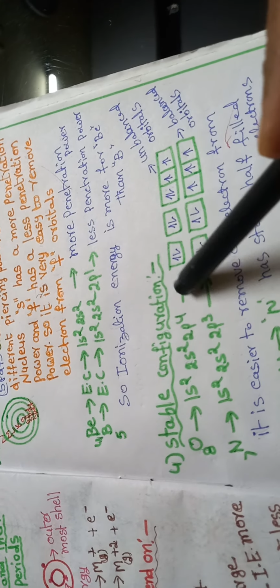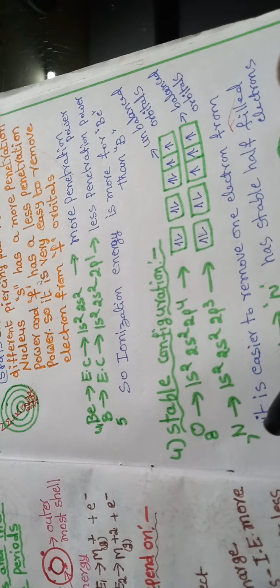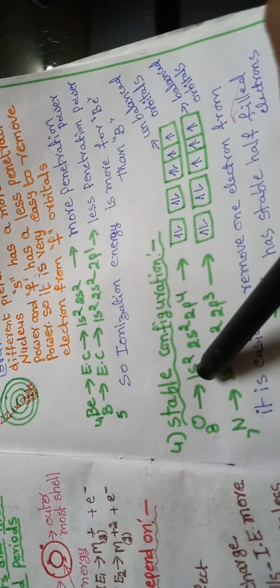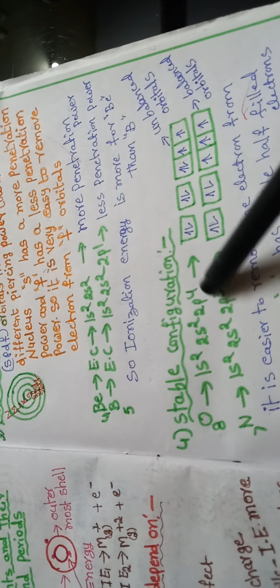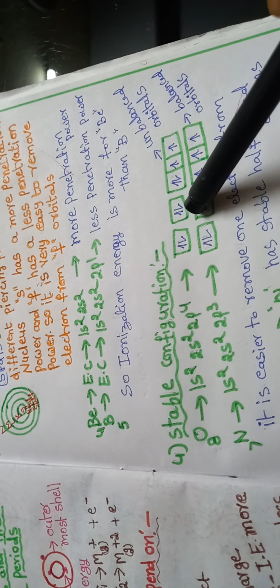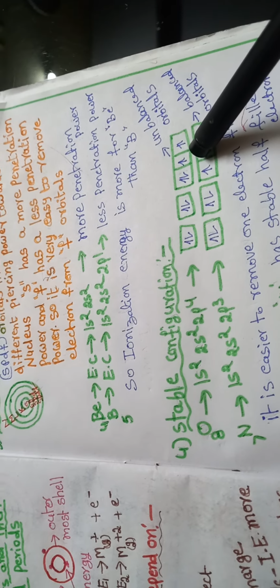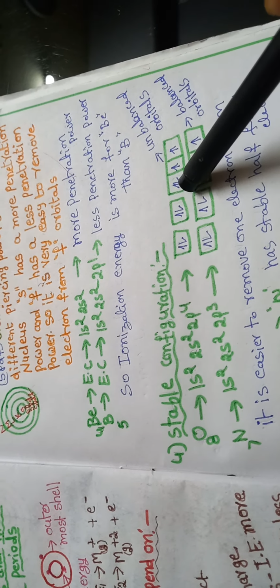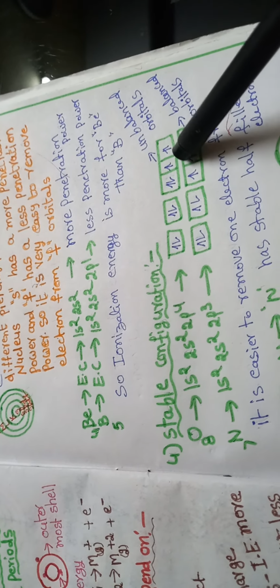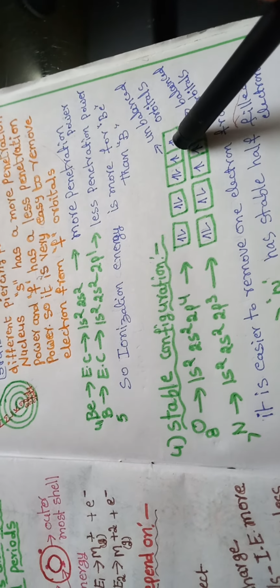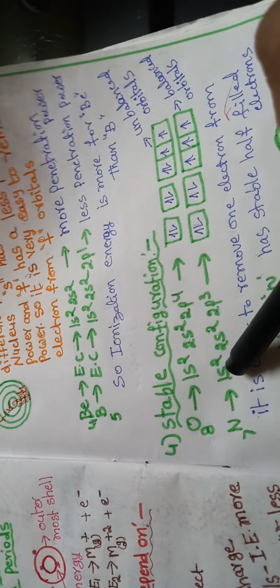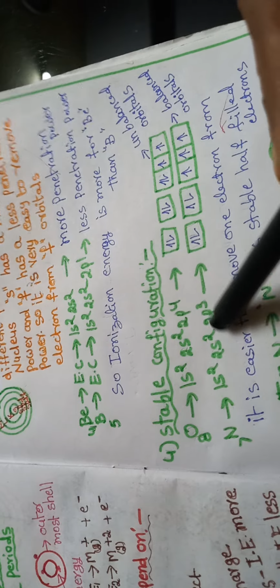Next one, stable configuration. Oxygen and nitrogen atoms are taken here. Oxygen has 8 electrons, configuration 1s2 2s2 2p4. The first orbital is filled with paired electrons, the second orbital is filled with paired electrons, and in the p orbitals the first one is filled with a pair, while the other two have lonely electrons in separate orbitals. Nitrogen has atomic number 7 and configuration 1s2 2s2 2p3.